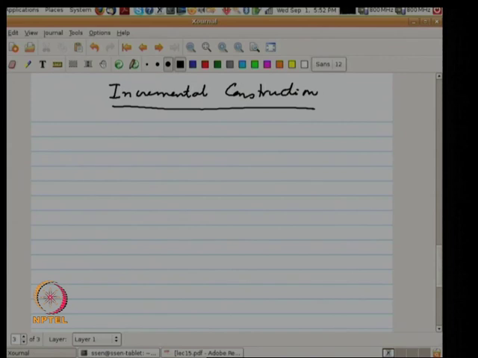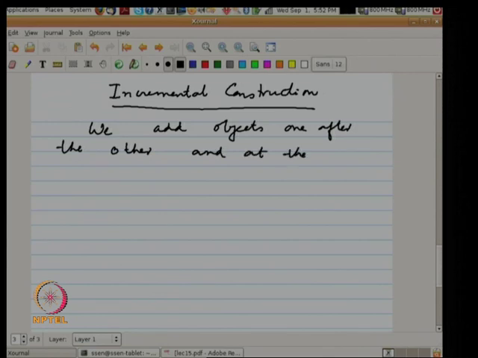So, the generic method is the following. As the name suggests, we add objects, in this case line segments, one after the other, and at the ith stage, we compute whatever is required, compute the map corresponding to the objects so far.